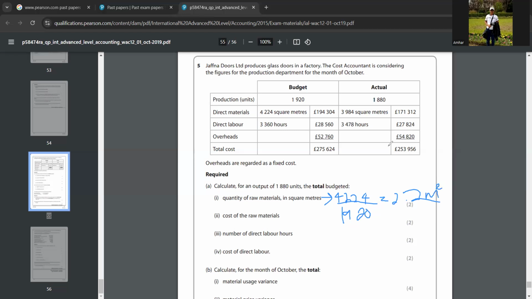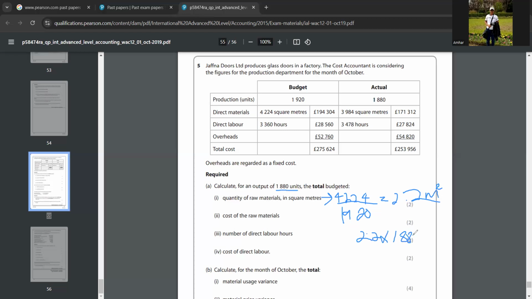But they are asking for an output of 1,880. Then what you have to do? You have to multiply 1,880 by 2.2. Do you understand? So this 2.2 you have to multiply by 1,880. That's all. If you multiply, it's 4,136 square meters, and that's the answer for this.